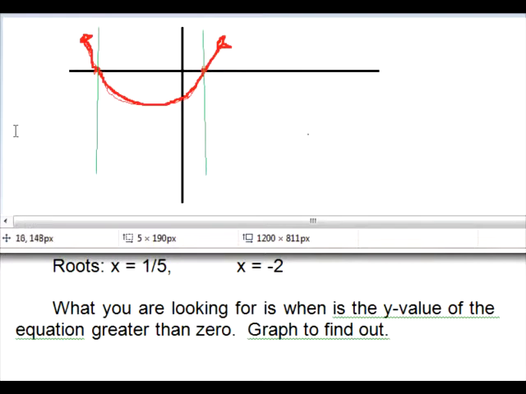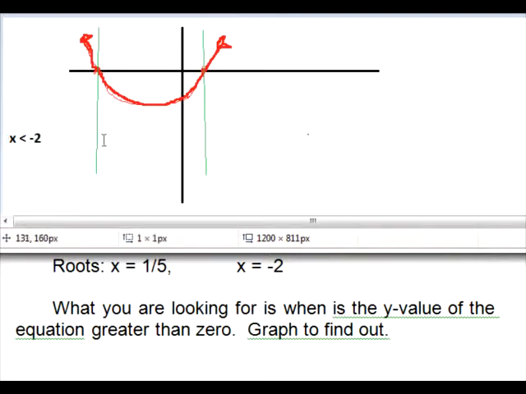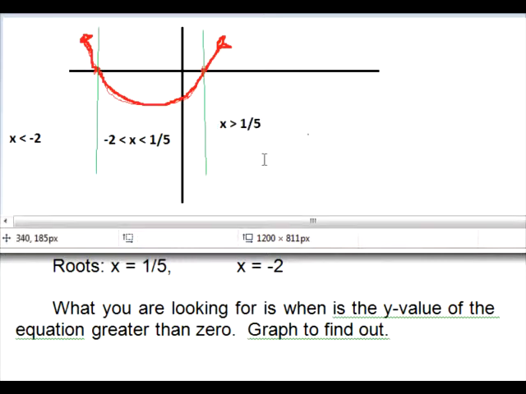The graph on the left here is going to be x is less than negative 2. The graph in the middle is negative 2 is less than x is less than 1/5. And on the right is x is greater than 1/5. Again, this should look familiar from our interval charts on the reciprocal graphs.